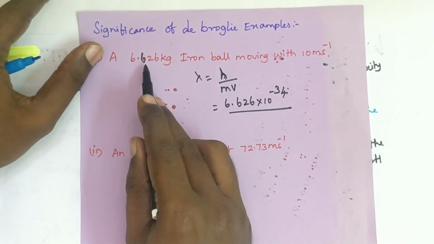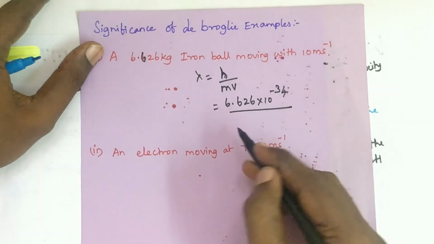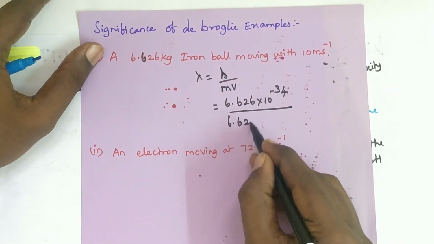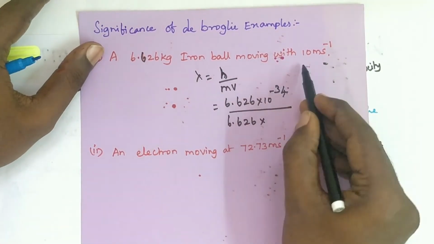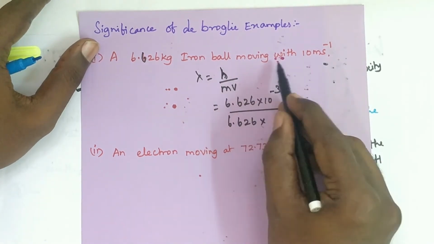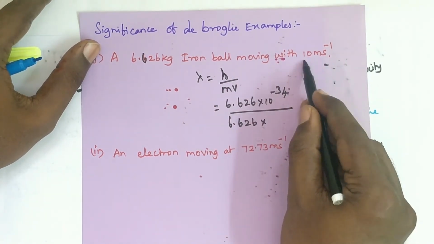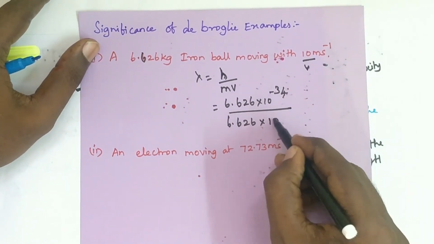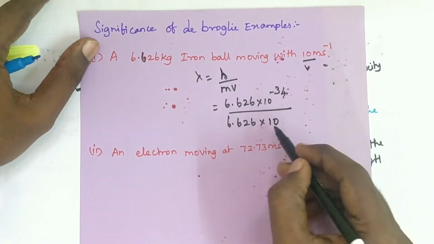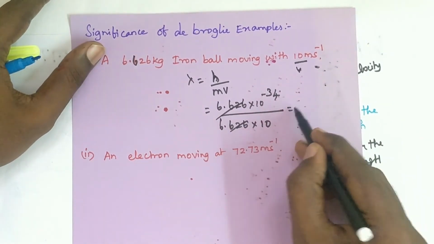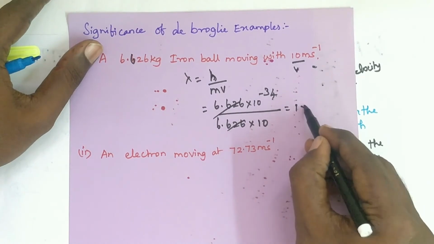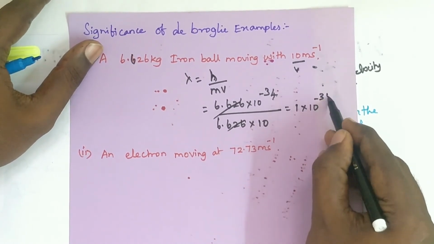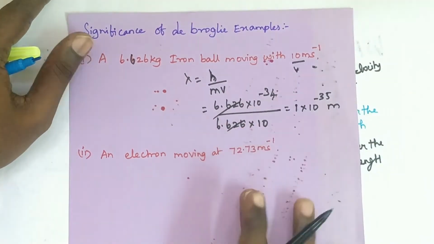The mass is 6.626 kilogram and the velocity, that is speed, is 10 meter per second. On substituting and cancelling, we get 1 into 10 power minus 35 meter for the first one.